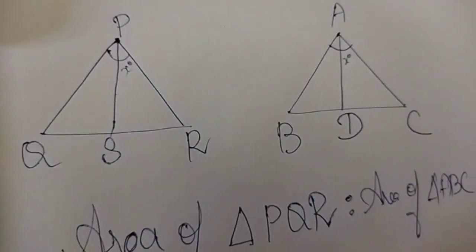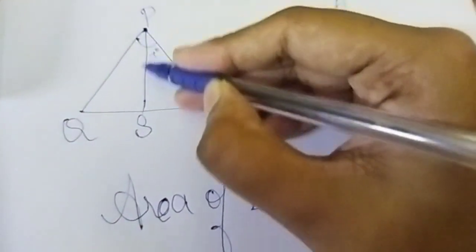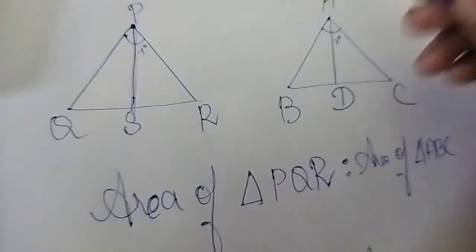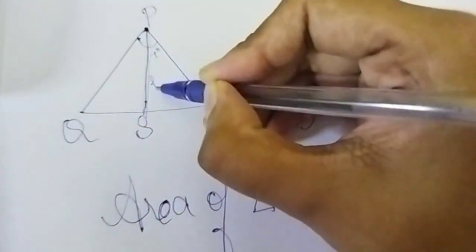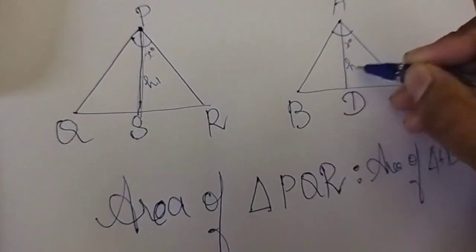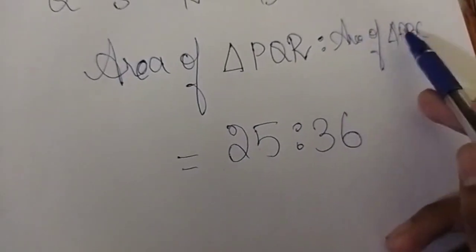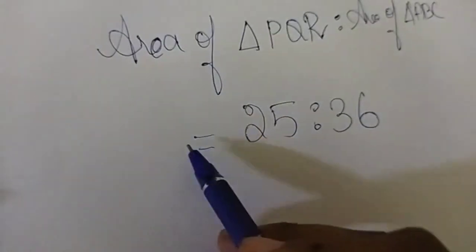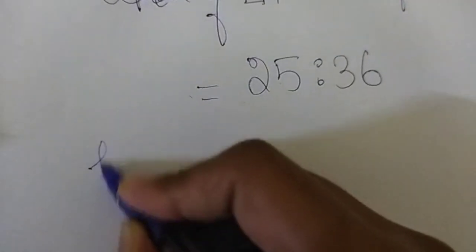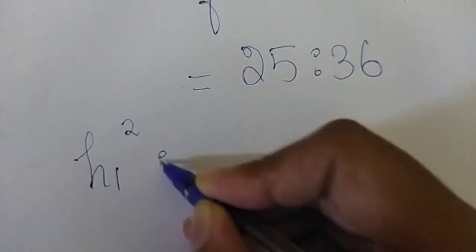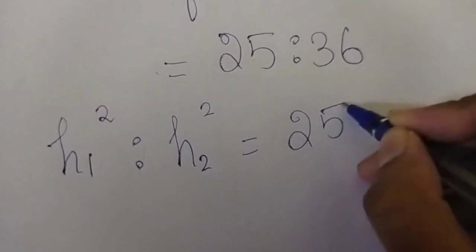Vertical angles are equal. If the areas are in a ratio, then the squares of their corresponding heights are also in the same ratio. If I take this height as h1 and this height as h2, then area of triangle PQR is to area of triangle ABC, and h1 square to h2 square is also equal to 25 is to 36.